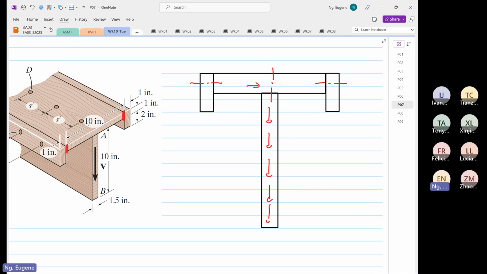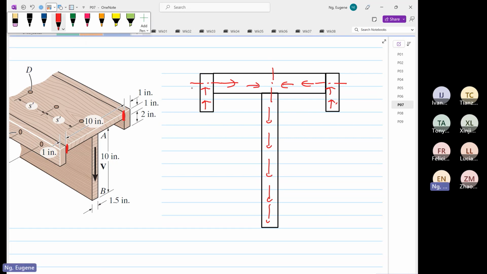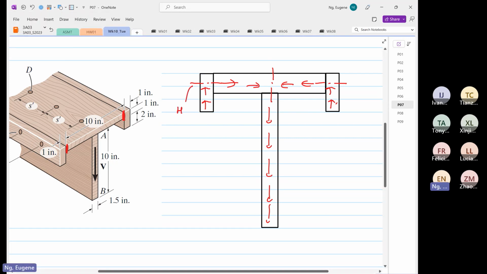This one will come in, this one will do this. Now on the nail, which is the horizontal nail, let's call this horizontal nail H1, and this one is H2.